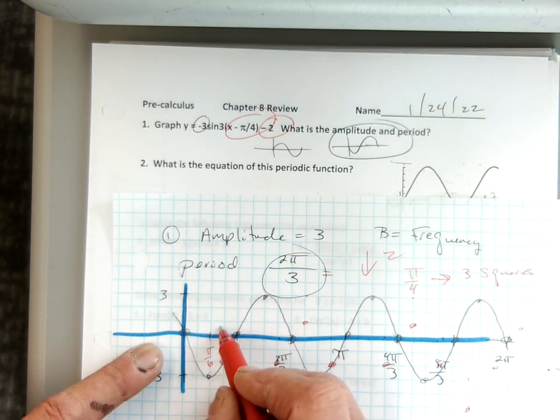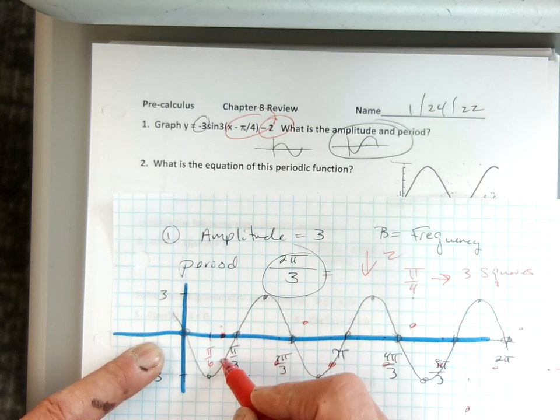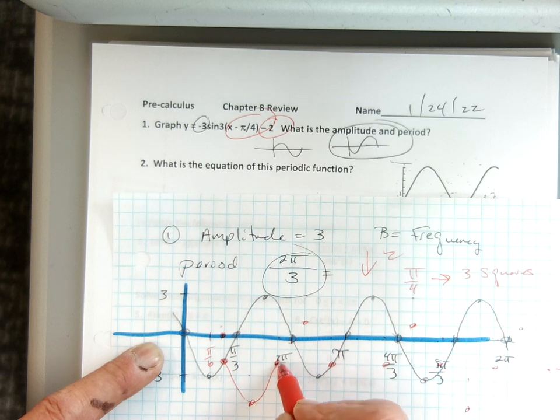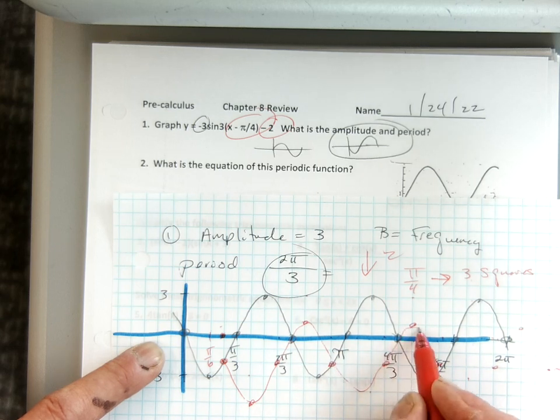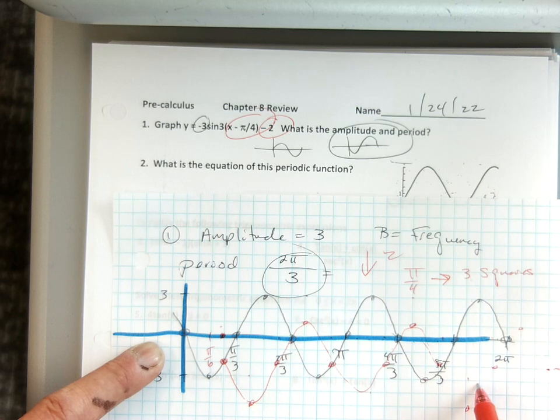And I'm just going to, let's see here. It's right there, right there. Oh, I missed one, didn't I? Yeah. Wait a minute. 2, 3, 2. Oh, there's that one. There it is.